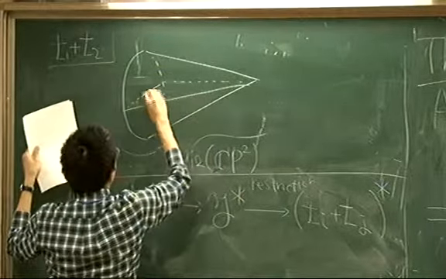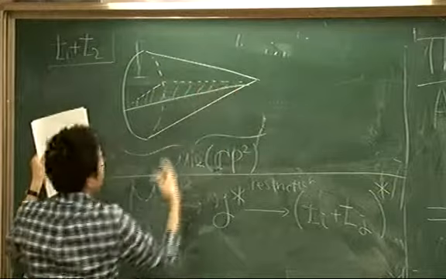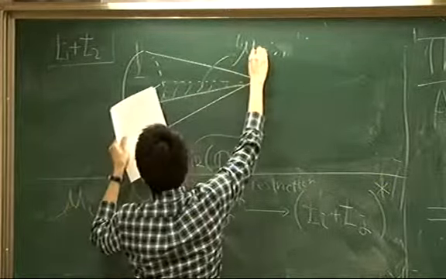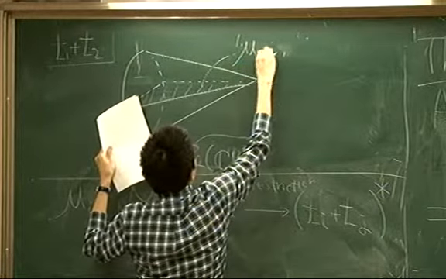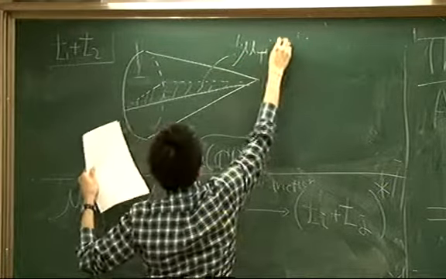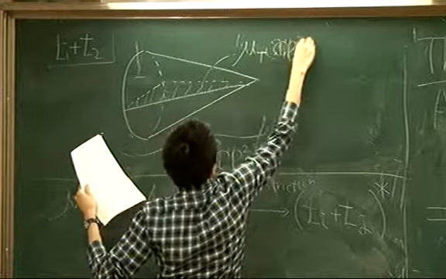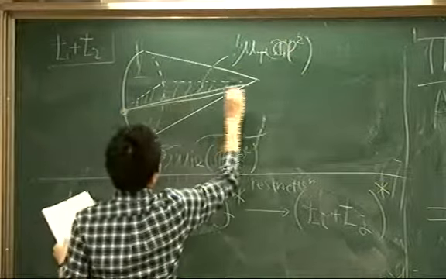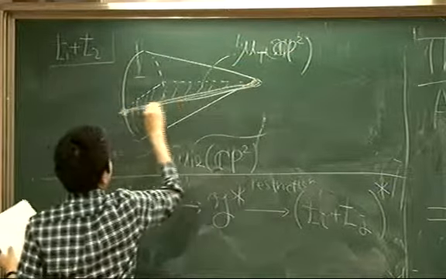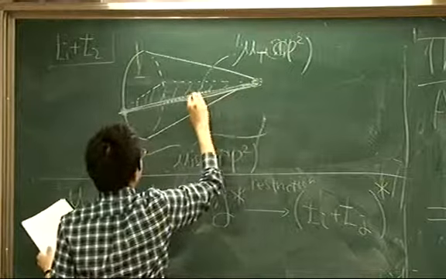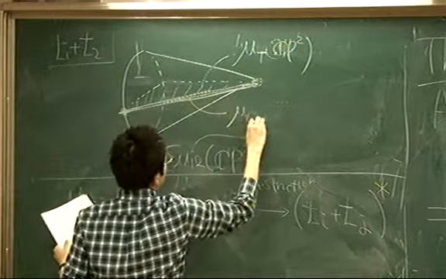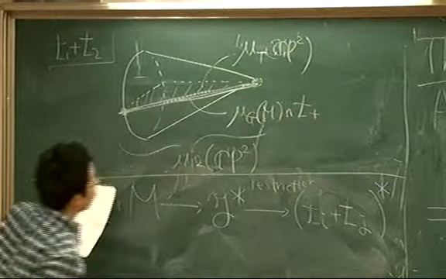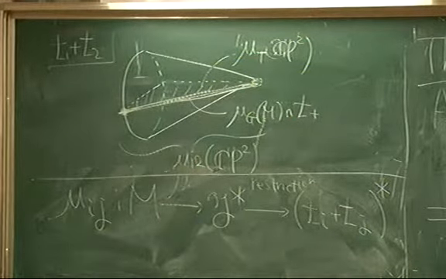Here, this triangle is the moment polytope of the diagonal torus, and this segment is the Coulomb polytope.